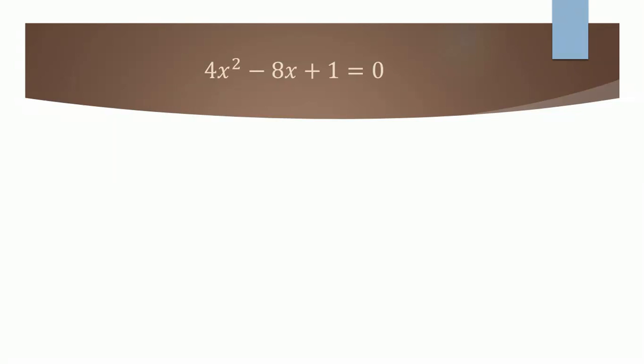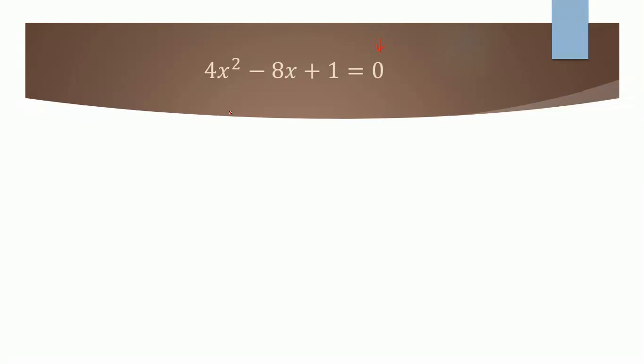So very first thing, every time I start a solve by using the Quadratic Formula problem, I make sure that everybody is on the same side. So notice I have 4x squared minus 8x plus 1 equals 0. I want it to be equal to 0 each time, otherwise I know that I need to kick people to the other side.